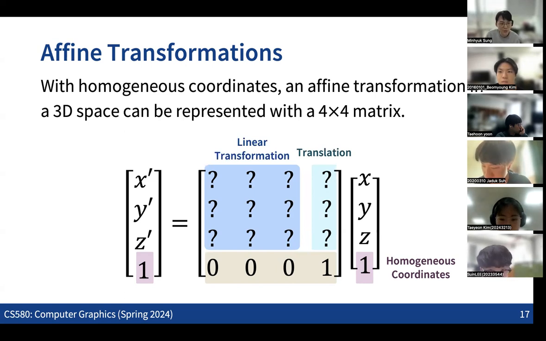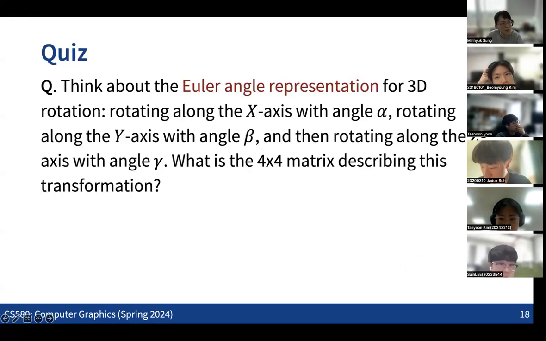And in the next lecture, we're going to get into slightly more details about the 3D rotation. But before that, let's also briefly think about the 3D rotation. Let's check whether you have a basic understanding of the 3D rotation. So let's think about the Euler angle representation. You don't need to know the meaning of the Euler angle representation, so let's just ignore this. But we are going to have a 3D rotation, which is combining these 3 rotations.